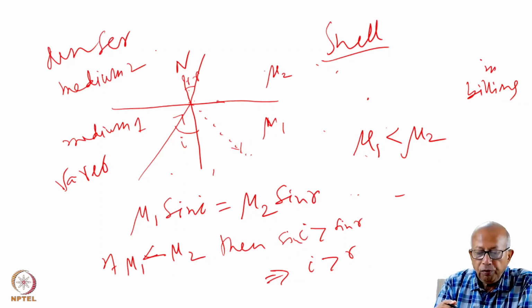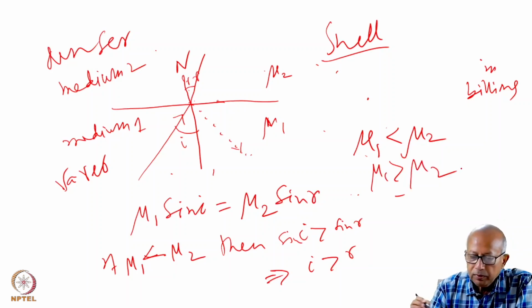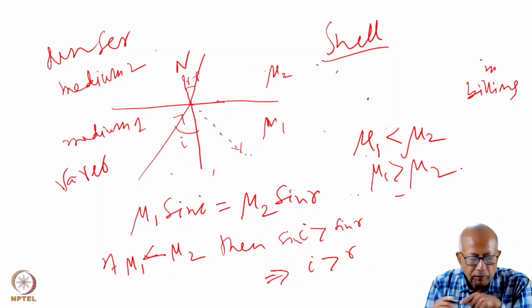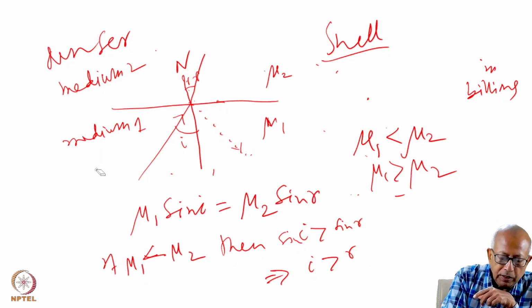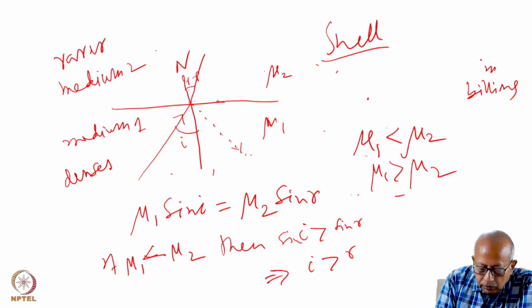And if mu1 is greater than mu2, that means light is now traveling from denser to rarer medium. Then, so now mu1 is more than mu2.